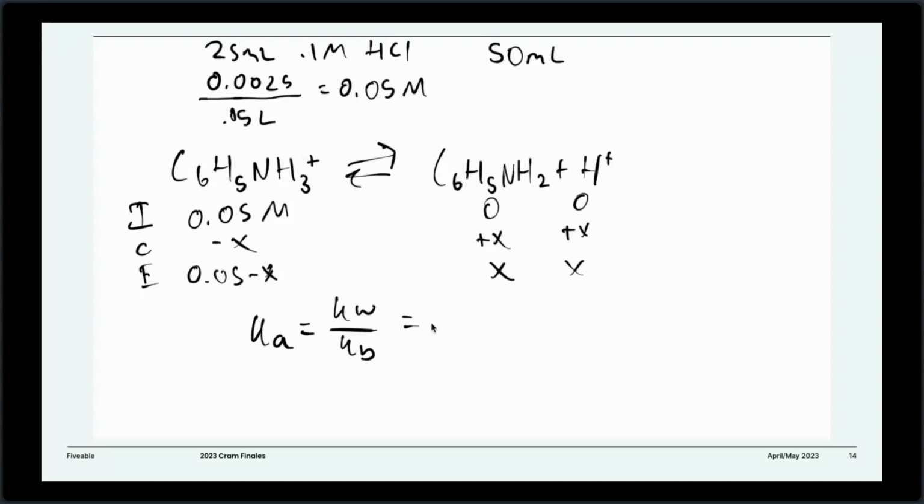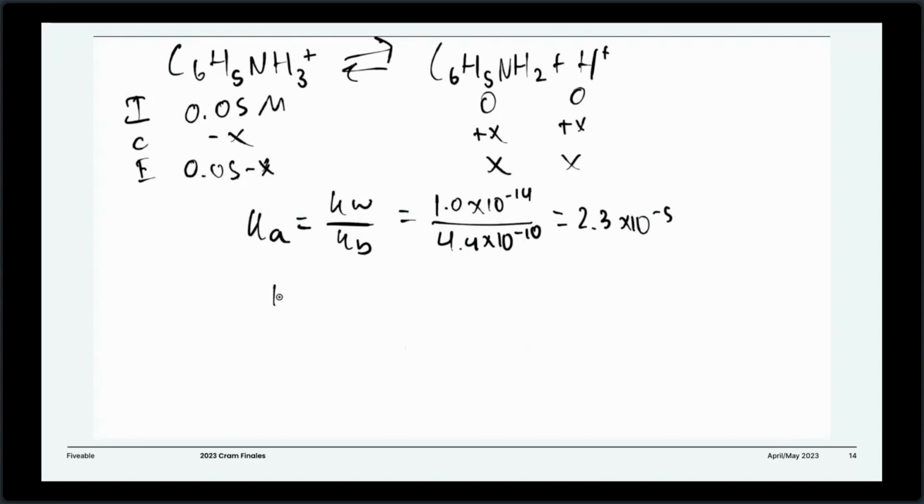The Kw is on your formula sheet, so it's going to be 1 times 10 to the negative 14th power over 4.4 times 10 to the negative 10th power, and we found that from, I believe, part B. Now it was 4.37, but we can just round up, it's fine. And that'll be 2.3 times 10 to the negative 5th power, and that is our Ka.